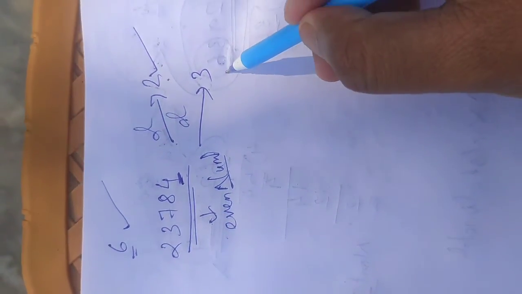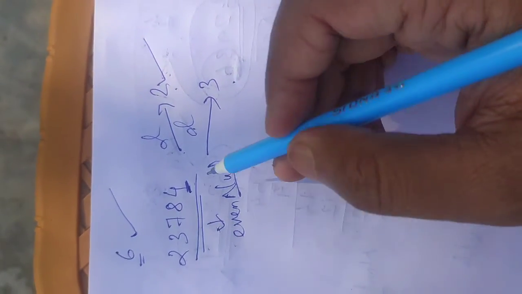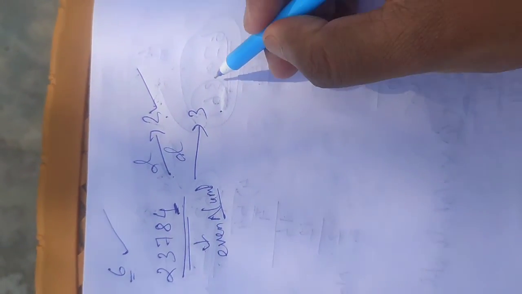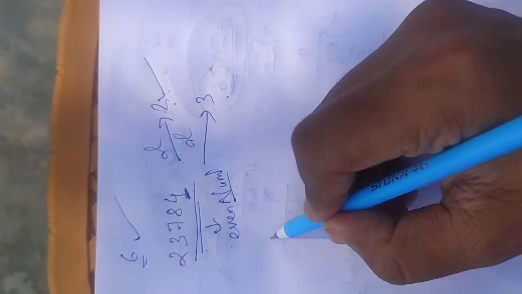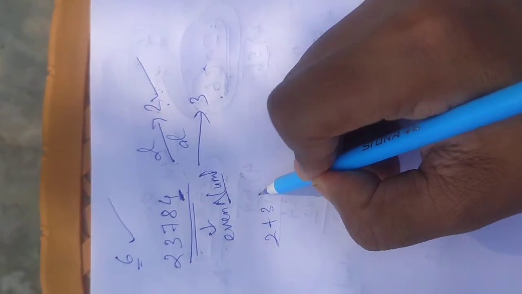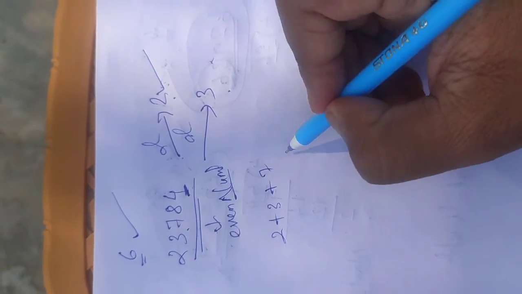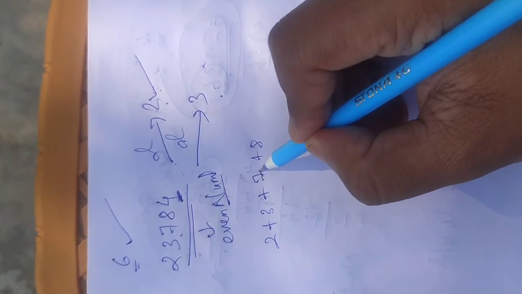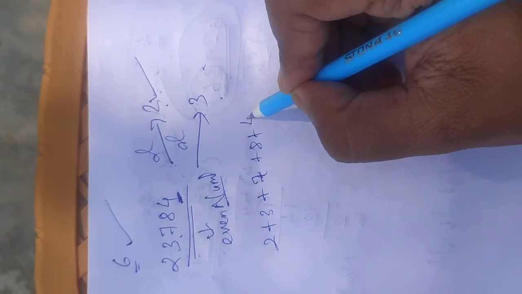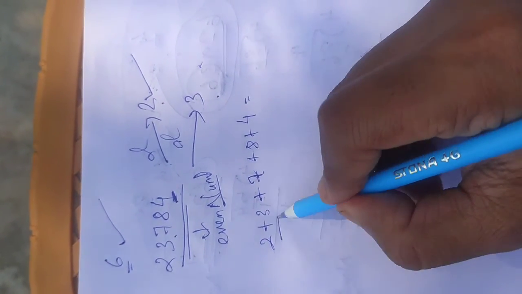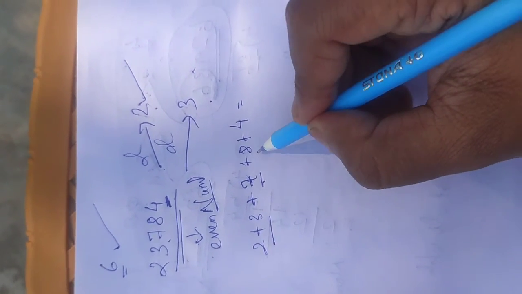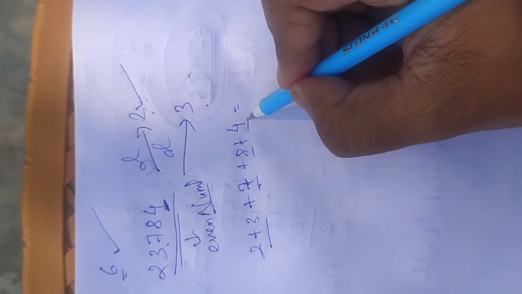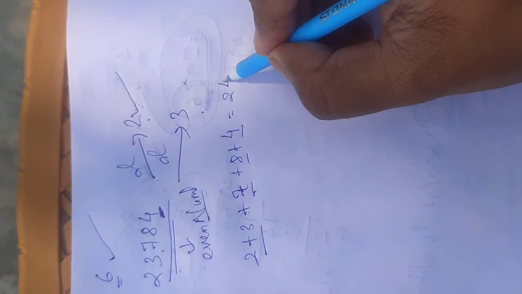Now for 3, like I told you, we have to add the digits. For 3, we have to add 2 plus 3 plus 7 plus 8 plus 4. What do we get? 5. 5 plus 7, 12. 12 plus 8, 20. 20 plus 4, 24.